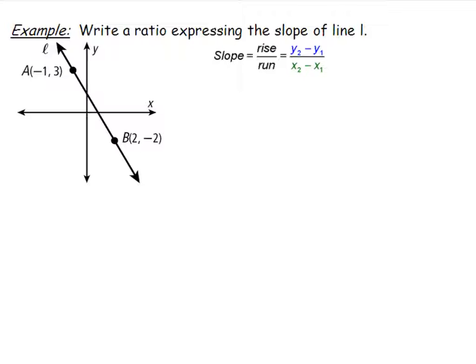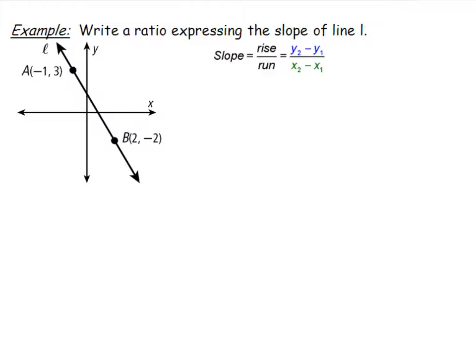Ratios can also be used when we're talking about slopes of lines. The ratio for a slope of a line is the comparison of the rise to the run, the change in y over the change in x. So if I asked you to write a ratio expressing the slope of this line, you would simply find the slope, the rise over the run. If you remember, you take y2 minus y1 over x2 minus x1.